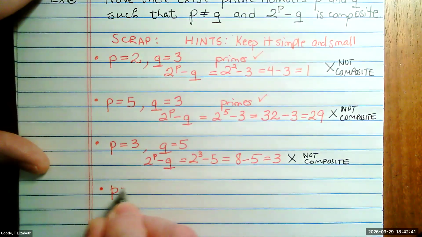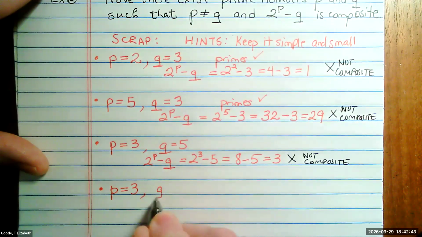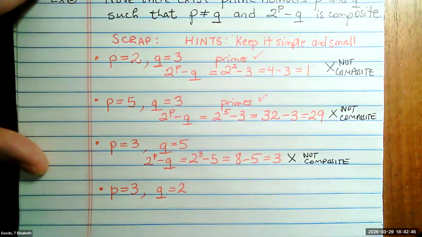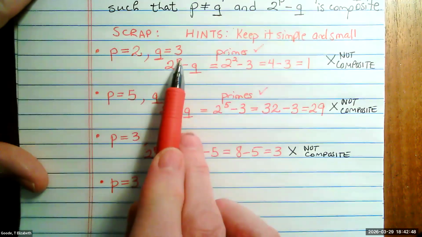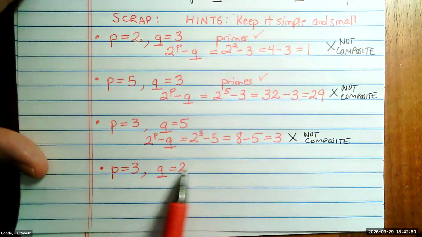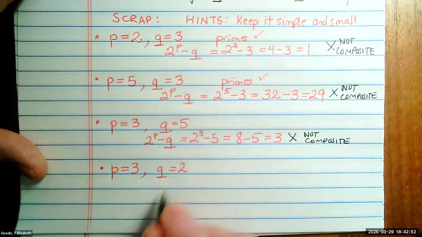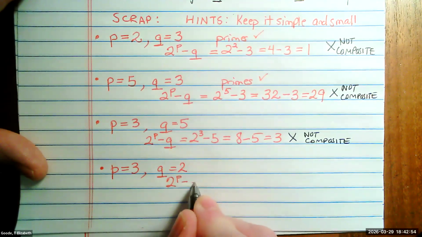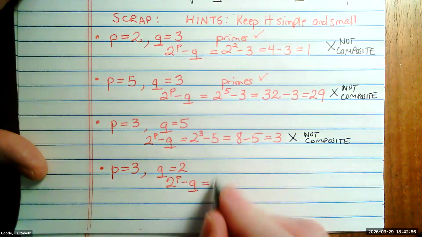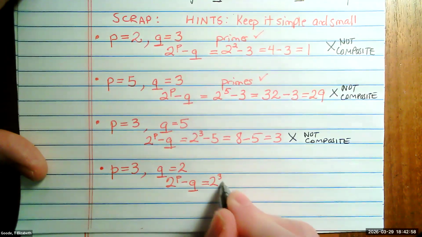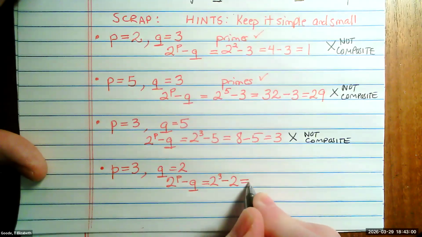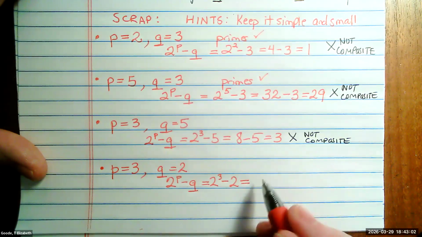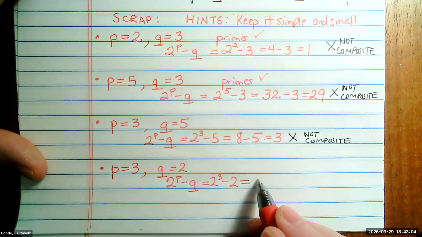What about P equals 3 and Q equals 2? We tried P equals 2 and Q equals 3. Why don't we switch them around and see if that works? 2 to the P minus Q. So 2 cubed minus 2. What is that? Six.